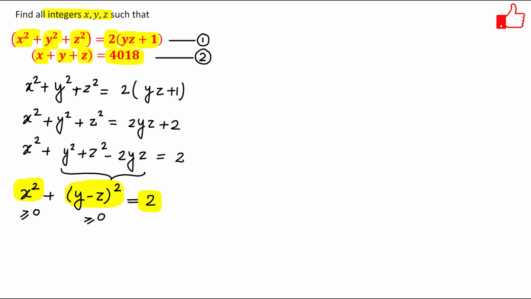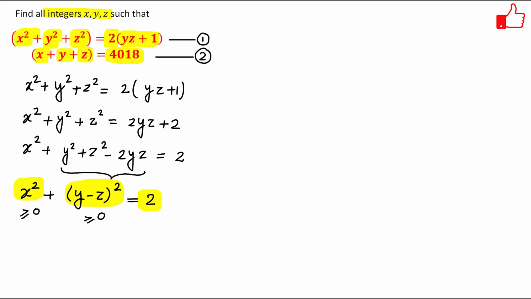The first possibility is that one number can be 0 and another number can be 2. But this is not possible because there is no integer whose square is 2. So 2 is the square of square root 2, but square root 2 is not an integer.